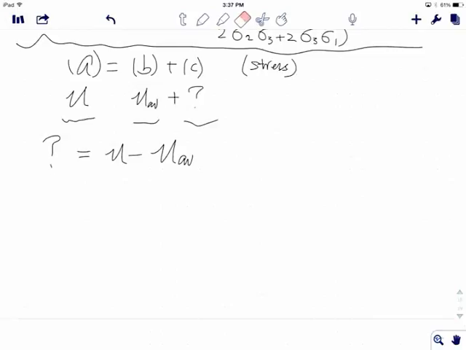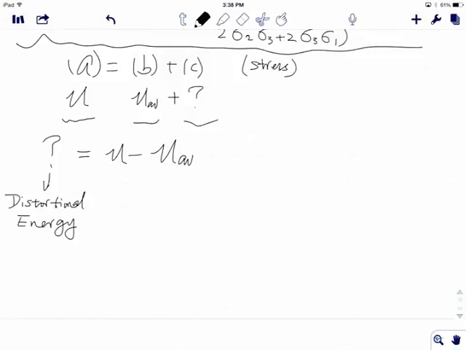All right, this question mark, we give it a name. We call it distortional energy, okay? Because it's distortional strain energy, and in short, we just call it distortional energy.